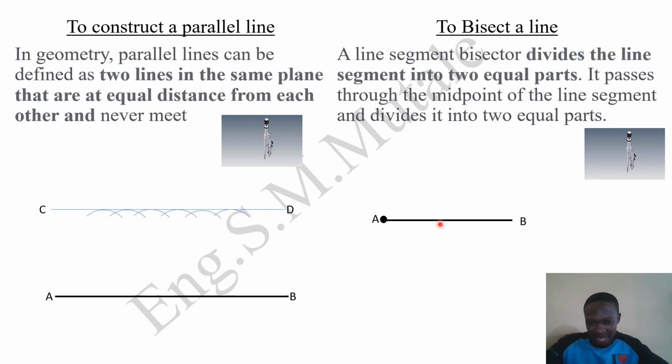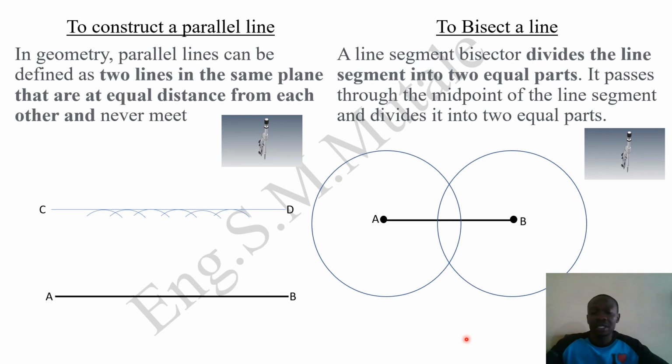So half is somewhere there. Just open it more than half. Why more than half? Because when you have the two circles, they're supposed to meet at some point. So you stand at this point, open your compass more than half, that's the radius, strike that circle, and then come to this point again, maintaining the same radius, do another circle like that.